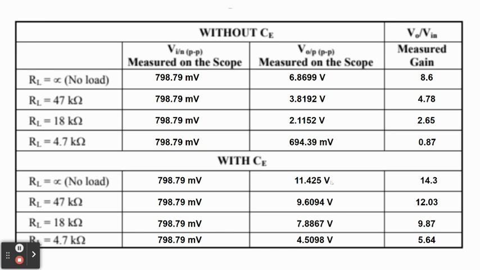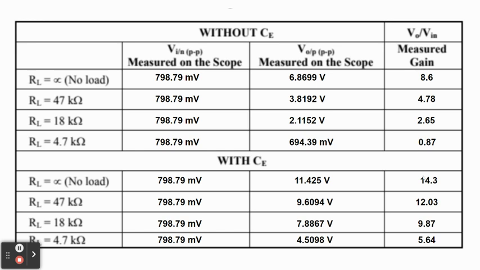As you can see, compared with the one without the CE, there's a significant increase. From 6.86, it becomes 11.4. From 3.8, it becomes 9.6. From 2.1 volts, it becomes 7.9. And from 0.694 volts, it becomes 4.5 volts.